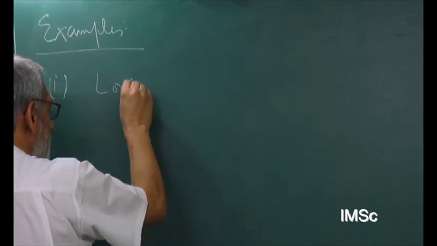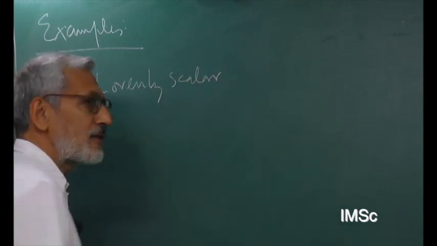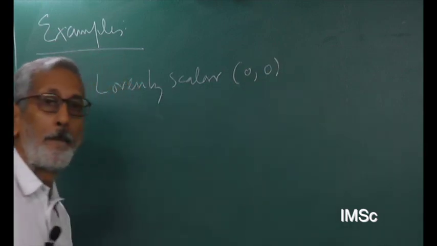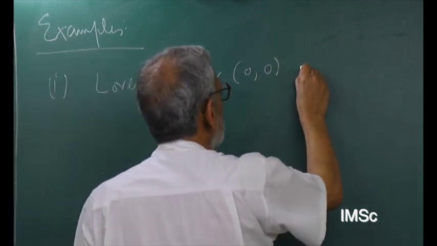Lorentz scalar or a Lorentz singlet is j value 0, j prime value 0. And it's one dimensional, the singlet.